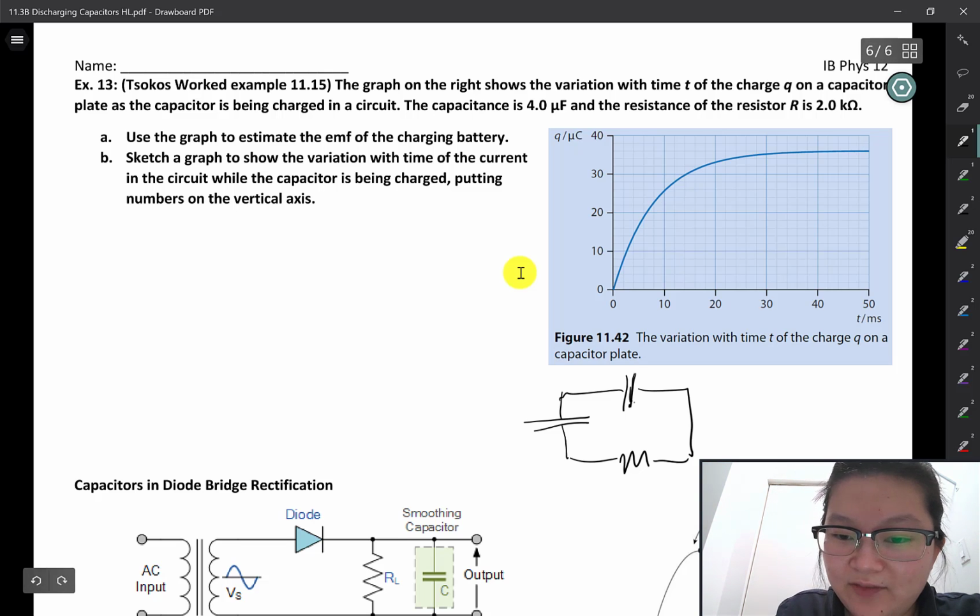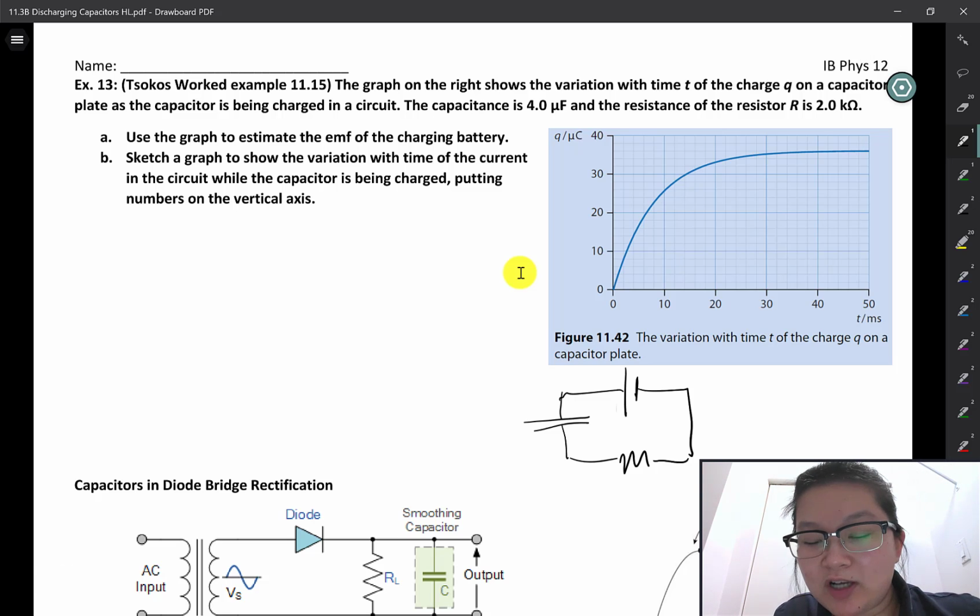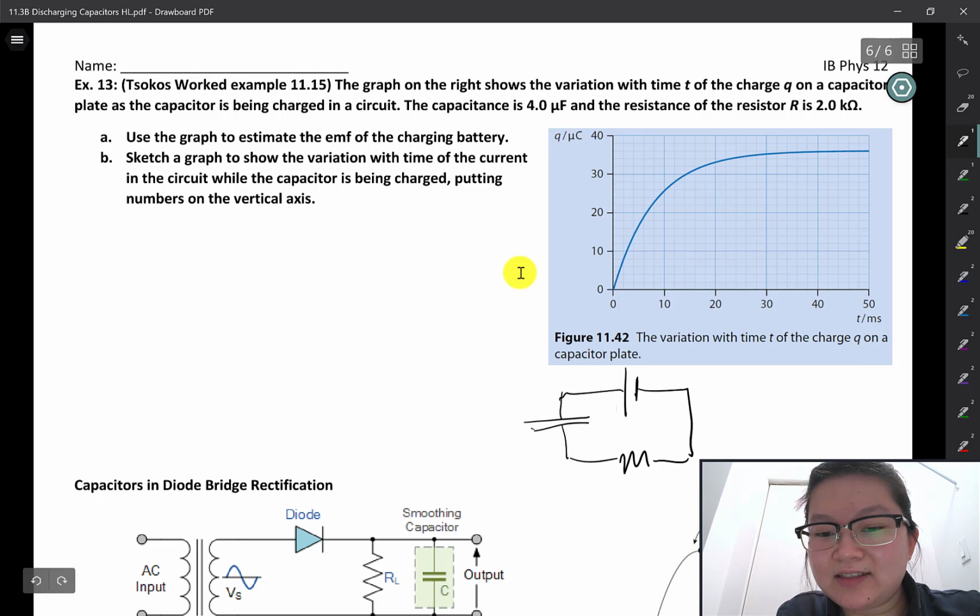If there is no current flowing at the very end, then the potential drop across my resistor is 0, meaning the EMF of my battery will be exactly the same as the potential developed across my capacitor near the end of the charge.